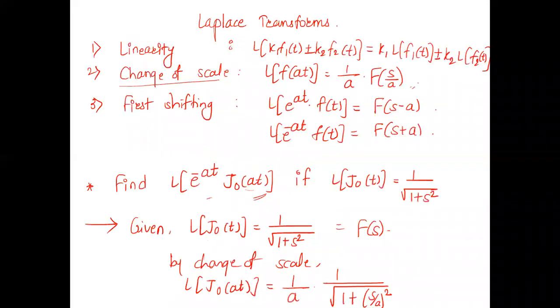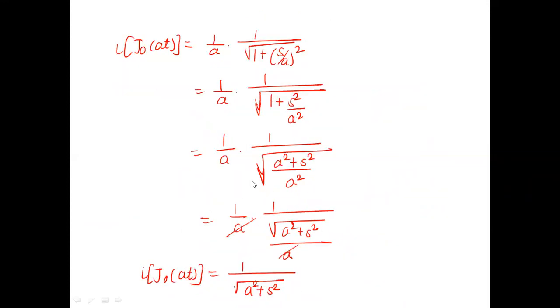Now we need Laplace of e raised to minus at multiplied to this j naught of at. On this side we multiply by e, so what property now? First shift. On this side, whatever we want, e raised to minus at multiplied to this, I'll multiply.